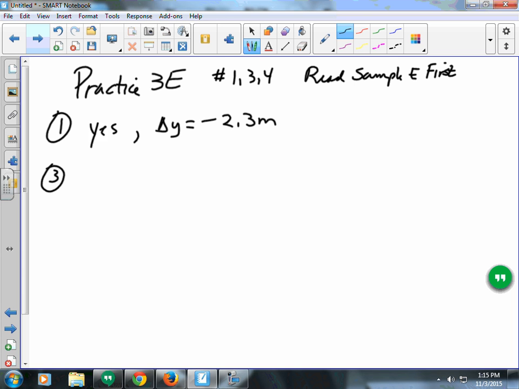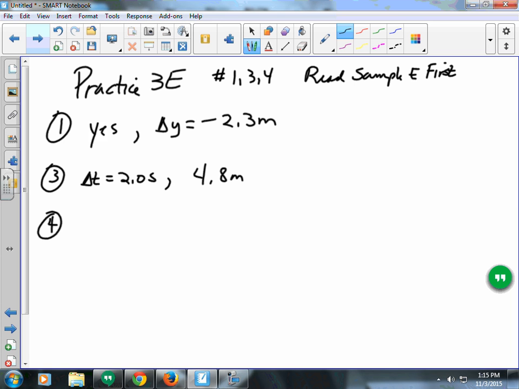Number 3, the time of the baseball is 2 seconds. And its delta Y, how high did it travel before it got caught? 4.8 meters.